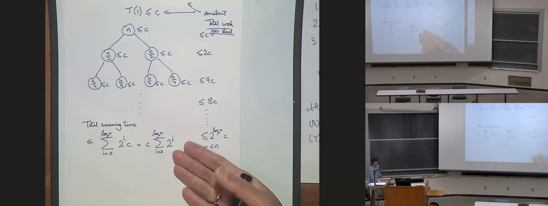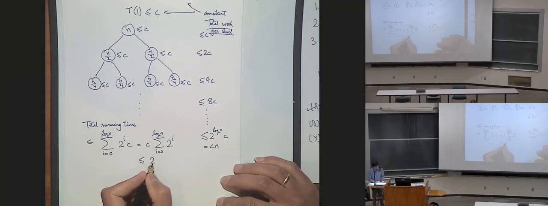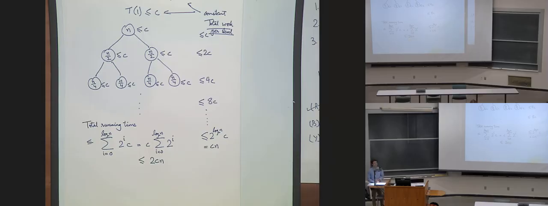And what we said about any sort of geometric series is that the sum is just dominated by the last term, and the last term is n. So if you look at this, it's just n plus n by 2 plus n by 4 plus n by 8, and so on and so forth. And this is actually at most 2cn. Okay? So this is O of n.